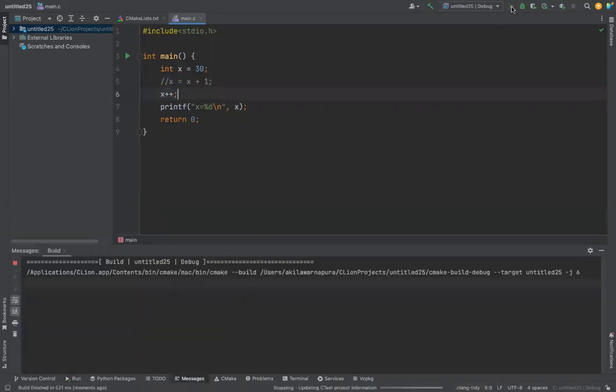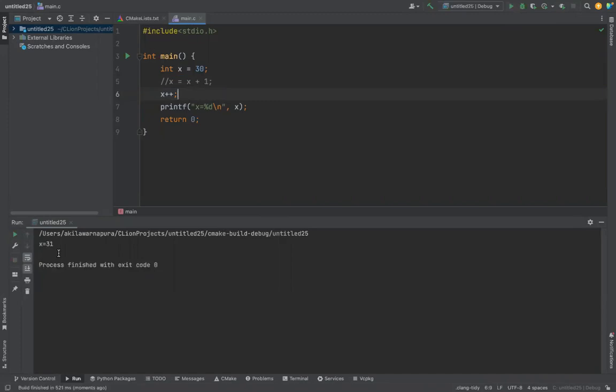That means increment the x value by 1. You can put the plus plus here or here: x plus plus or plus plus x. When you run this program, here also it is 31.